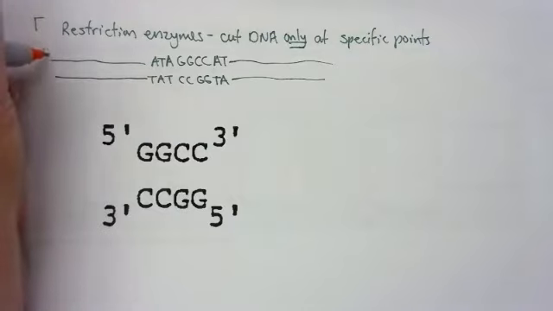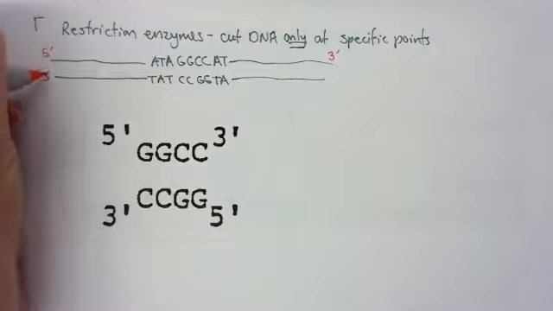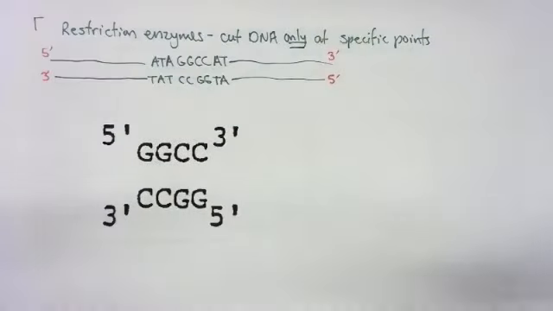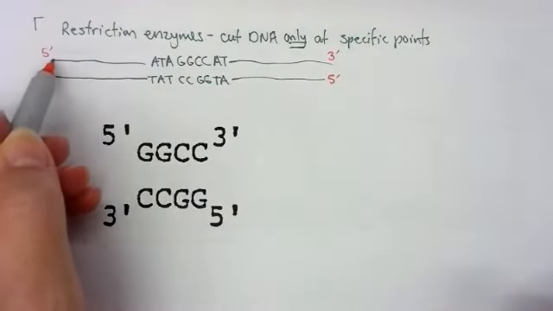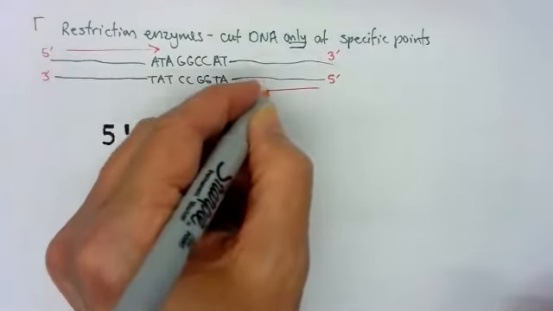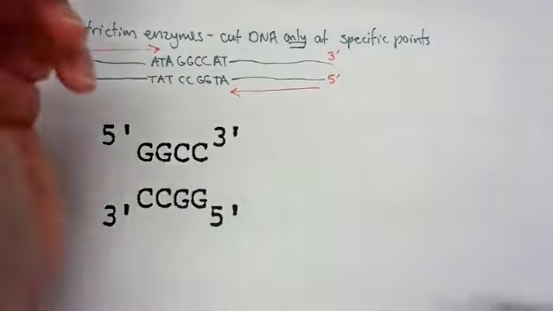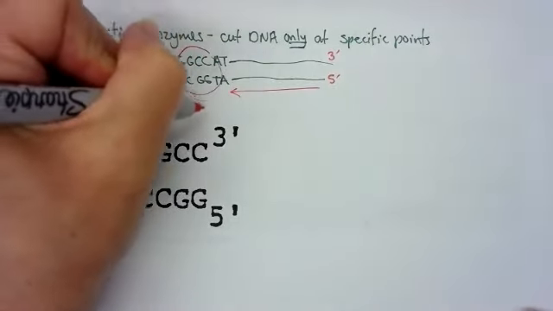DNA has ends. So this is the 5' end and the 3' end, and this is the 3' end and the 5' end, and they run opposite to each other. When DNA gets read, it gets read from the 5' to the 3'. So it gets read this way and it gets read this way. If we look at this section right here, we came down and blew this up.